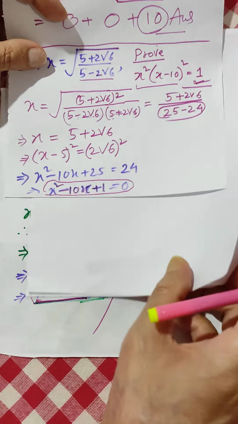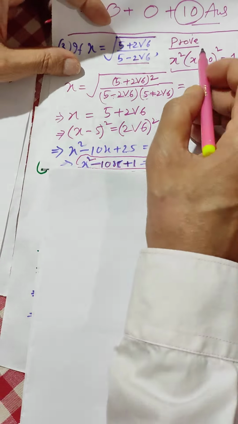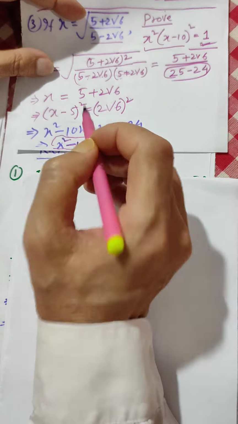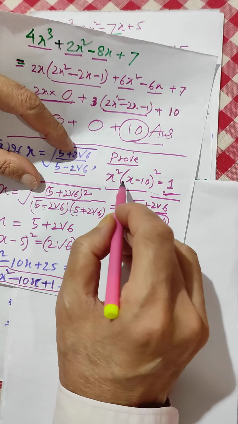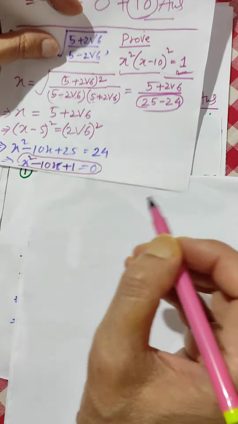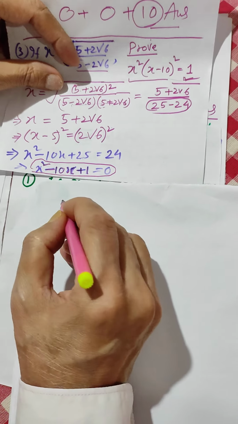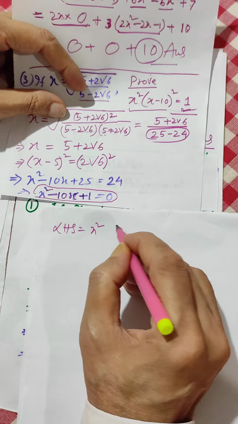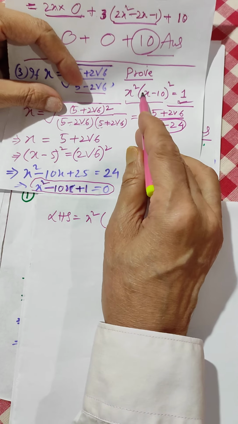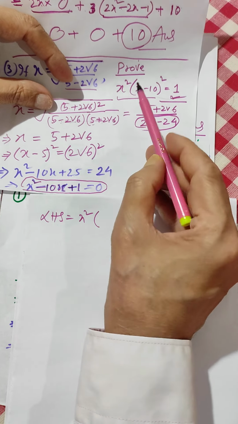Okay. Now we have to express the given polynomial of the left hand side in terms of this. Now we have to prove. When you have to prove, don't you do left hand side, right hand side? So let us do that. Left hand side equal to x square, and this is an a minus b whole square formula. We have to expand.